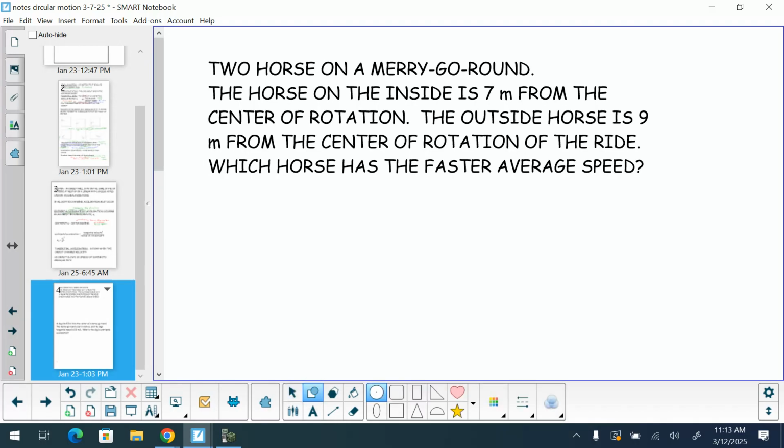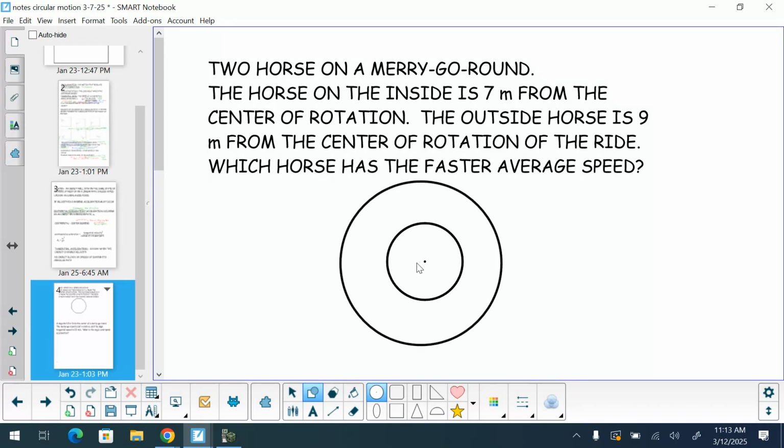So if the denominator was the radius, does that mean that whatever number is smaller is automatically going faster? Okay, let's take a look at this.